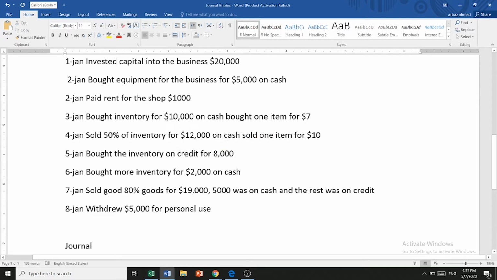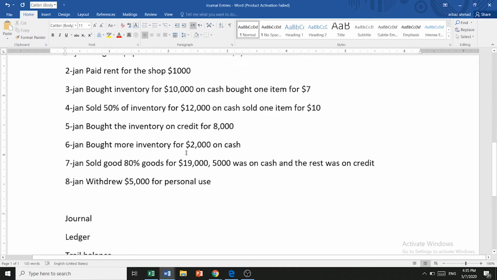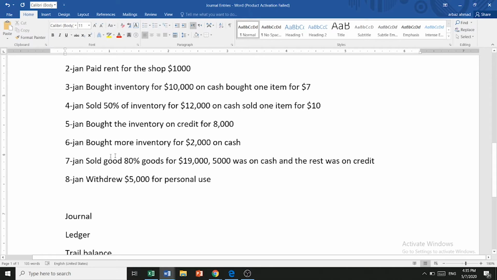In this case, I have mentioned it's cash, because usually when we open the business it's hard to get goods on credit. So we will buy some goods on cash also, because we will have a credit limit, and then we will again sell goods. I will also highlight why it's 80% and why it's 50%, and what it has to do with the next few videos. Then the owner will take out some cash for personal use. We will open a drawing account for that later on.